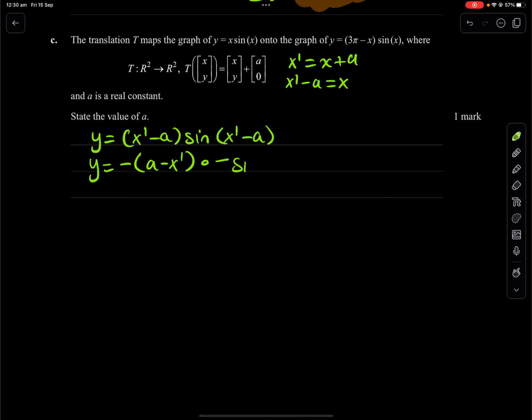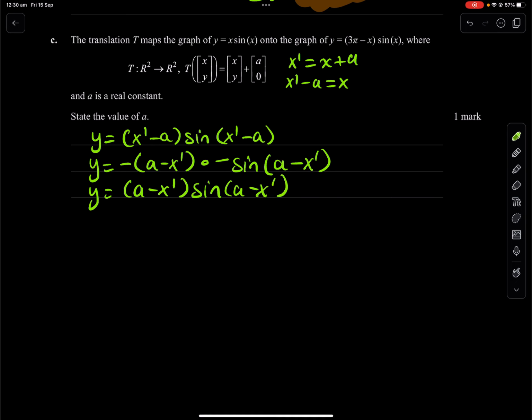So if we say sine a minus x dash, because we can take a negative out of sine. And these two negatives, when multiplied, will be a minus x dash sine a minus x dash. So a minus x, so we got that form.